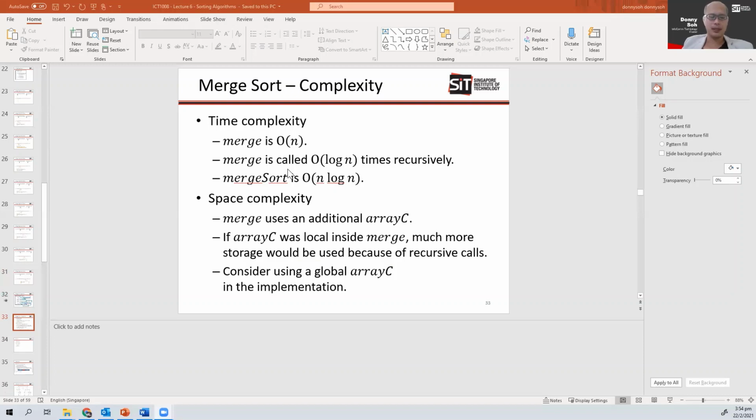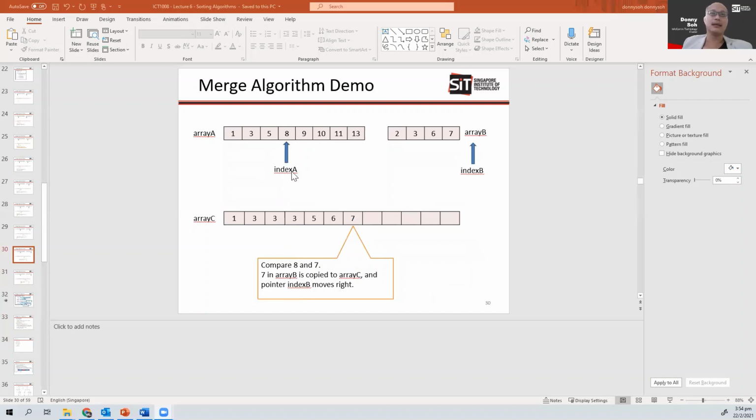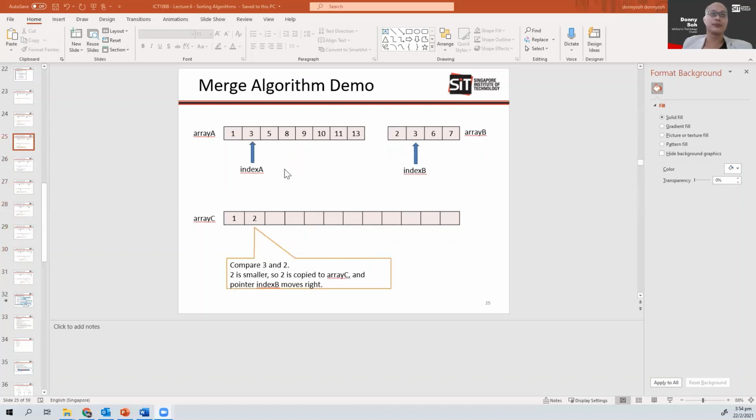I talked a little bit earlier about why we want to put the number from index A first rather than index B, and we'll see this later in our tutorials as well. The key reason is that, as much as possible, we want our sorting algorithms to be stable.